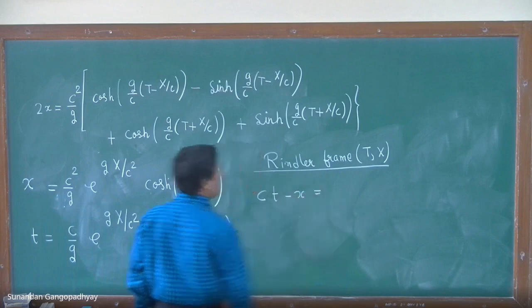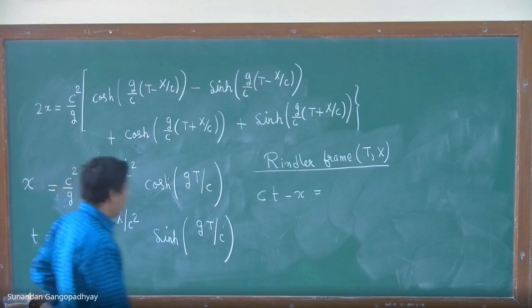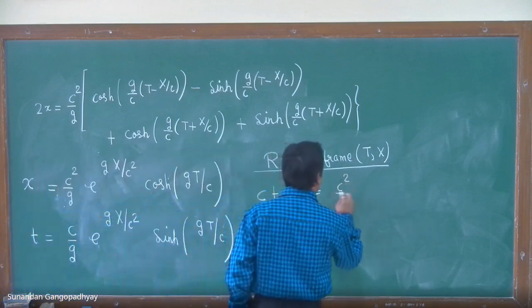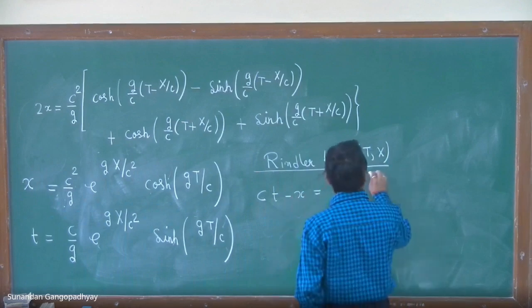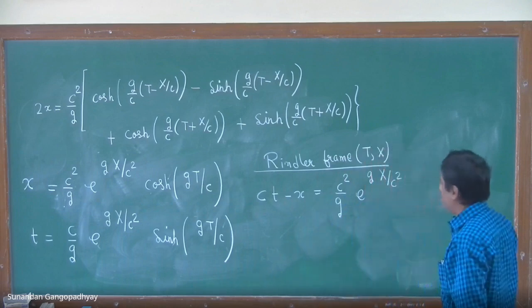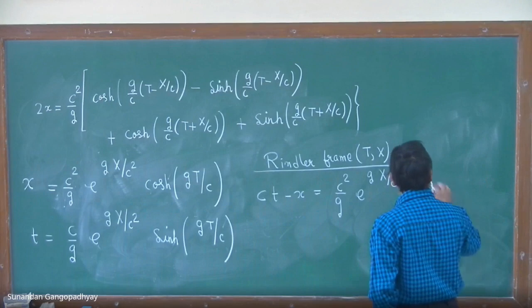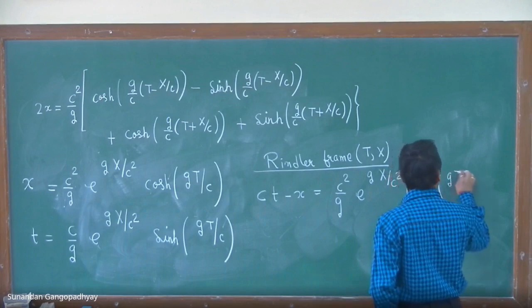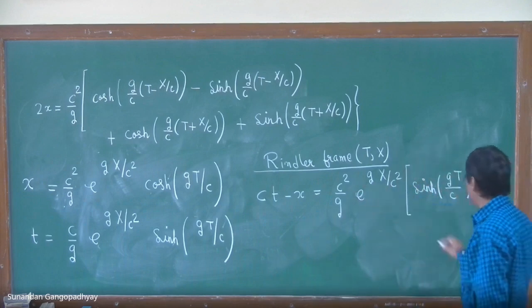Let us calculate what this is, ct minus x. So what you do is just multiply this by c and then subtract this from this one. So you will get c square by g will be common and e to the power of gx by c square will be common, and then you have sine hyperbolic gt by c, and you are subtracting that part.